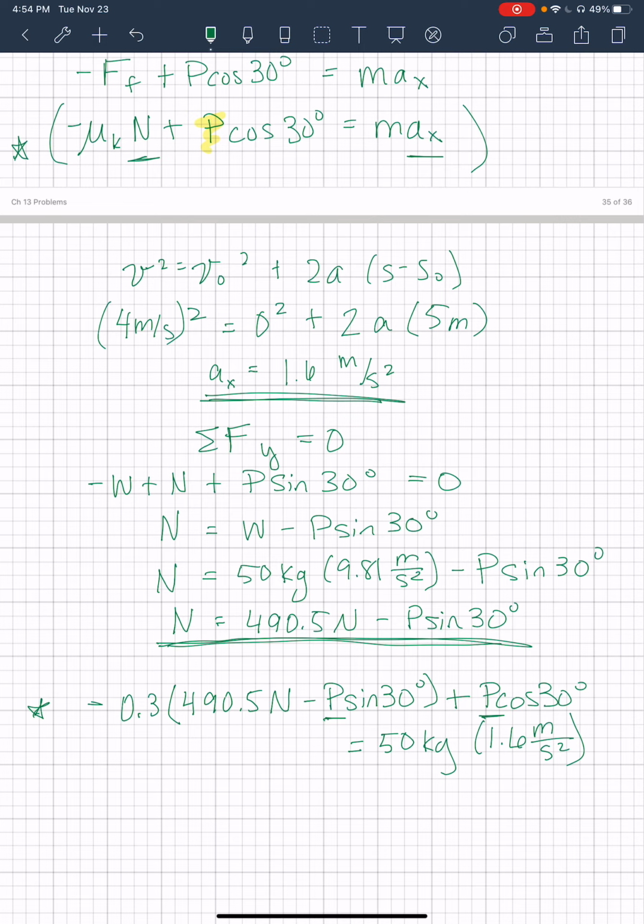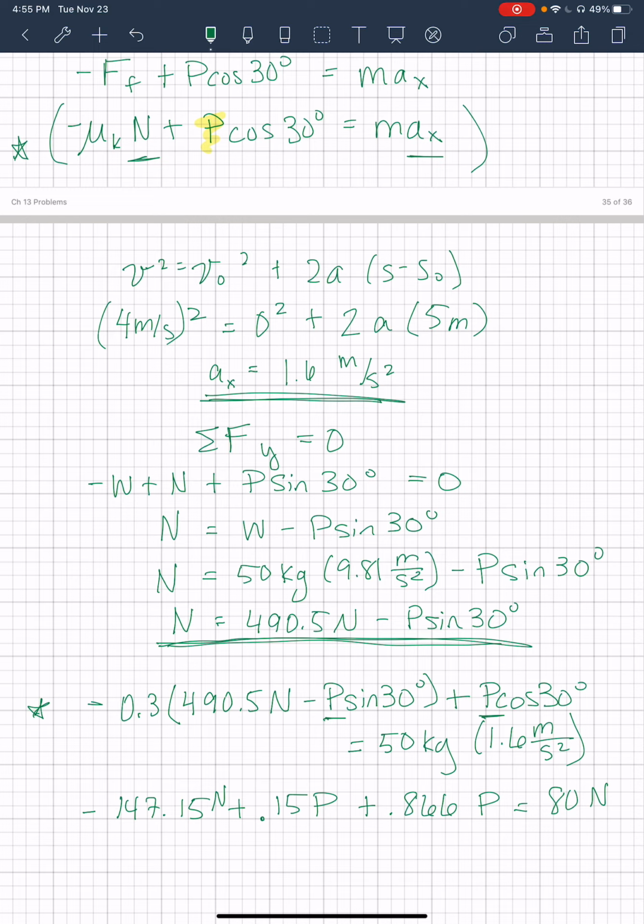We get negative 147.15 minus 0.3 times sine of 30, and then another minus, that's plus 0.15 P, plus 0.866 P equals 50 times 1.6, which is 80 newtons.